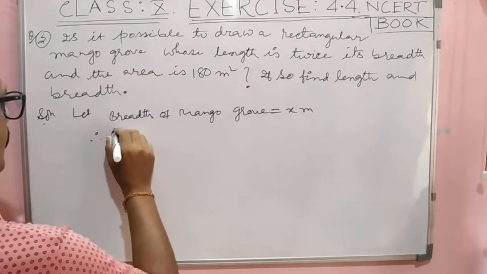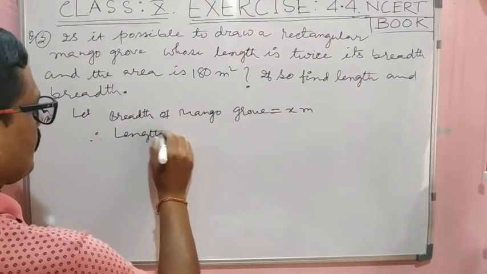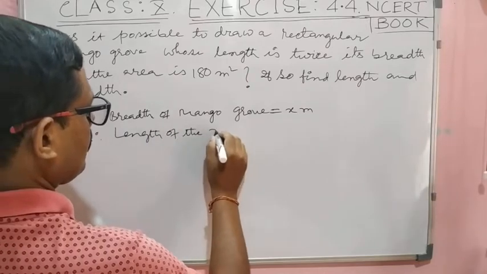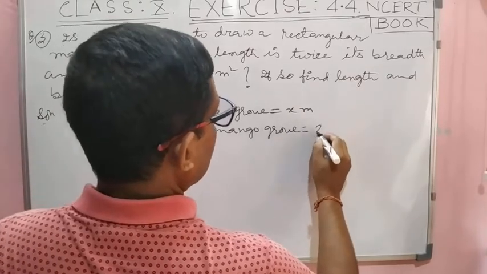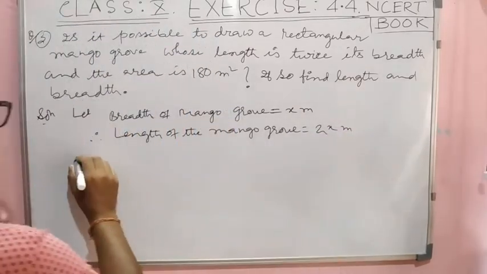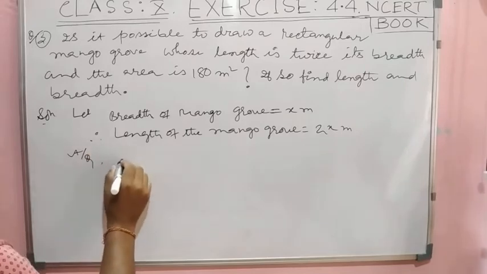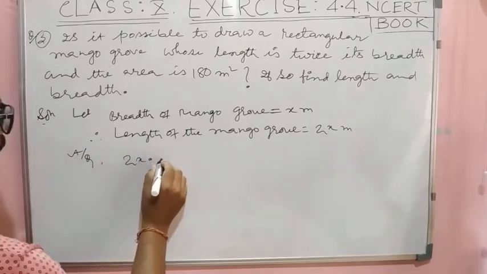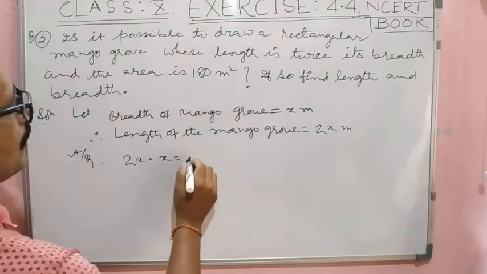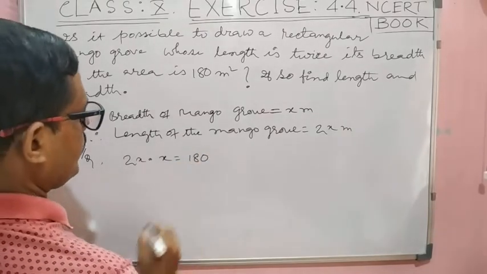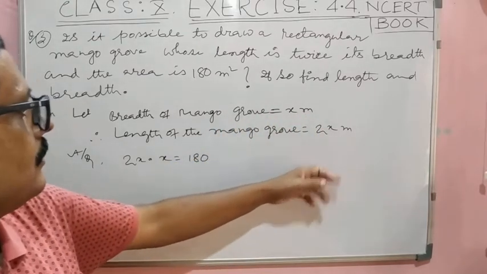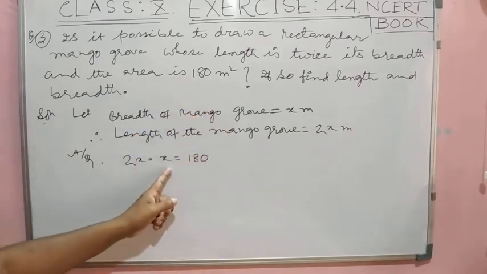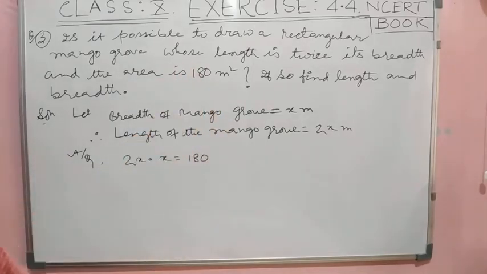Therefore, the length of the mango grove equals twice x meter. So according to the question, length into breadth equals area. Area is 180 meters square. So breadth is x meter, therefore length will be 2x, and area of rectangle means length into breadth. So length into breadth, area is given as 180.